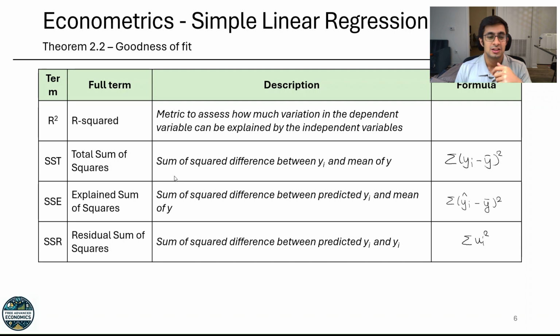SSR, which is the residual sum of squares, is essentially the sum of errors squared. Go back to what we studied. Error squared is essentially the sum of the differences between y predicted and yi, the individual value. And that's how you get all these three.